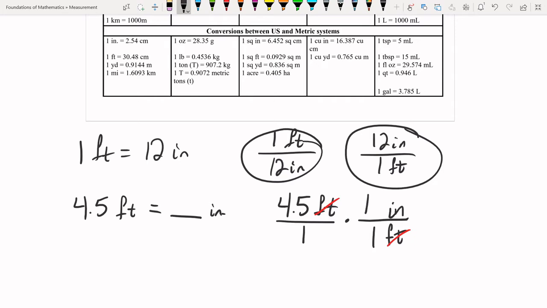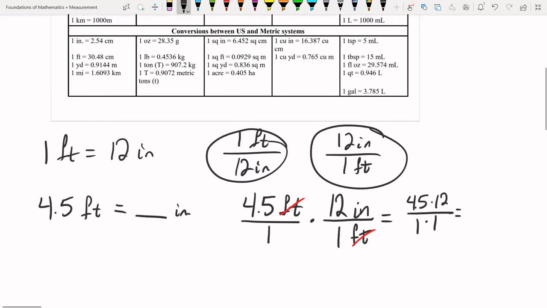Now we just need to fill in the numbers. Well, 1 foot equals 12 inches. And you see that we get 4.5 times 12 over 1 times 1. 4.5 times 12: 4 times 12 is 48, but 0.5 times 12 is 6, so we get 54. Just use a calculator for that, obviously. I should write inches here.